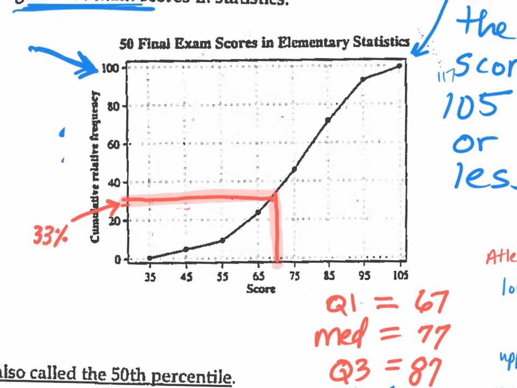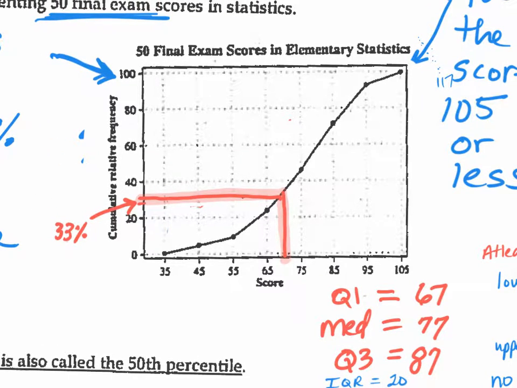Okay. So failing is 70. Okay, so I estimated a 70 right here at about that 33rd percentile. So what's the answer to the question? 67. Yes, 67. If you just put 33, that's no-go. You told me the percent that failed.